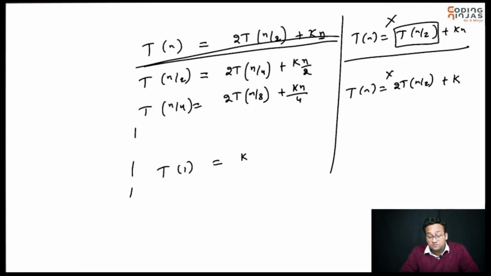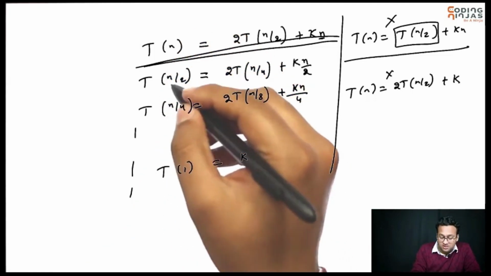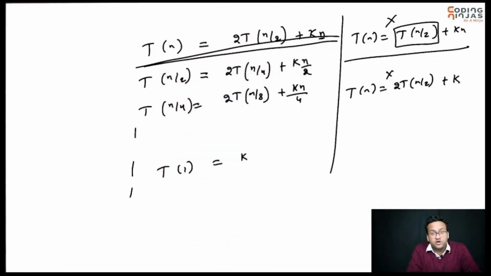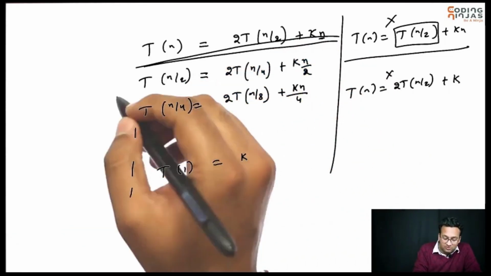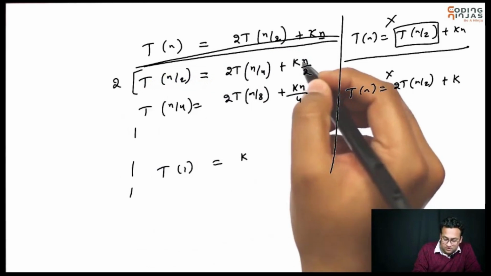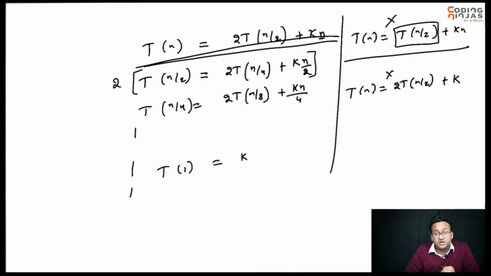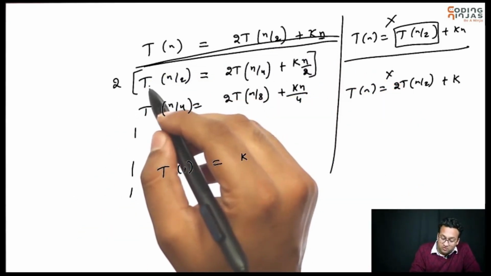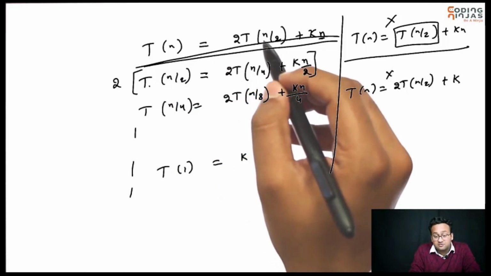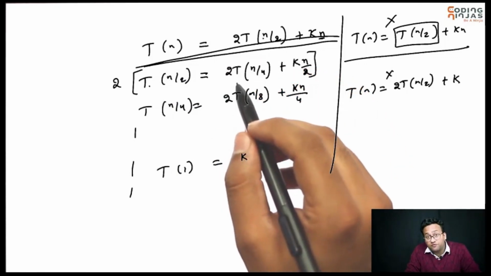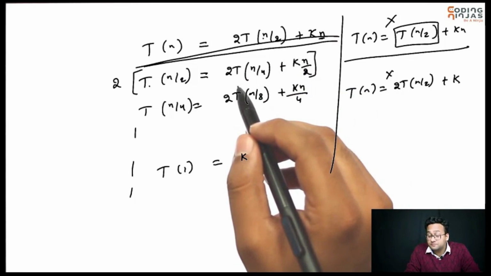Now if I add these, this T(n/2) and this 2T(n/2) are not getting cancelled. So in order to cancel these, I need to multiply this by 2. As soon as I multiply this by 2, this will become 2T(n/2), which gets cancelled, and this will become 4T(n/4).